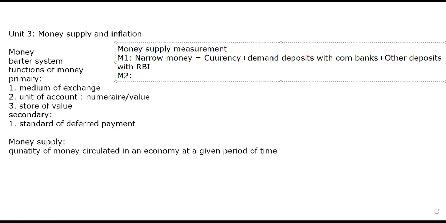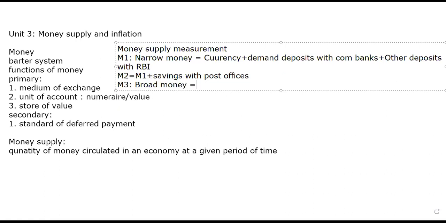M2 is equal to M1 plus savings with post offices. M3, which is also known as the broad money, is equal to M1 plus time deposits with commercial banks.